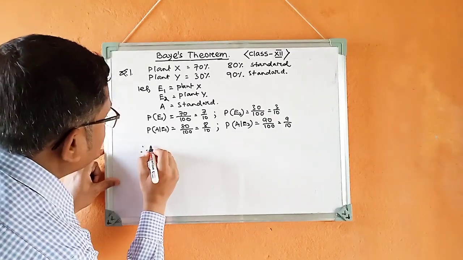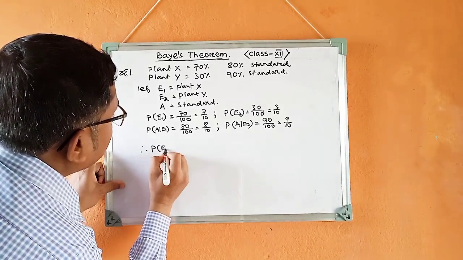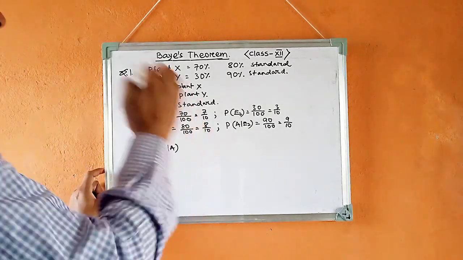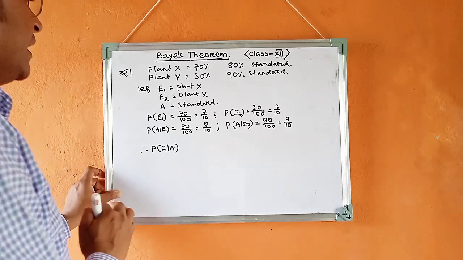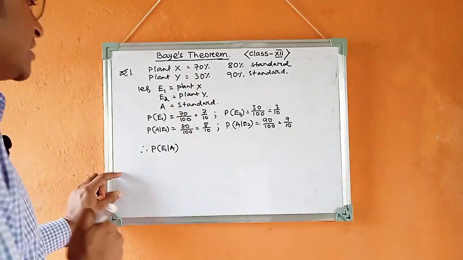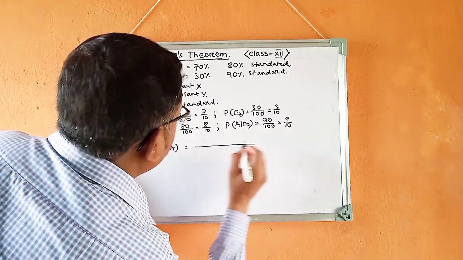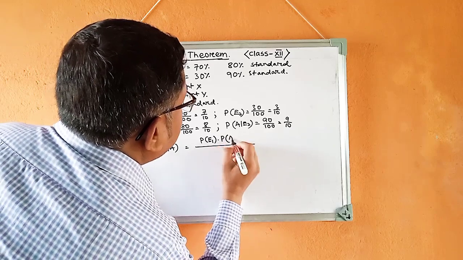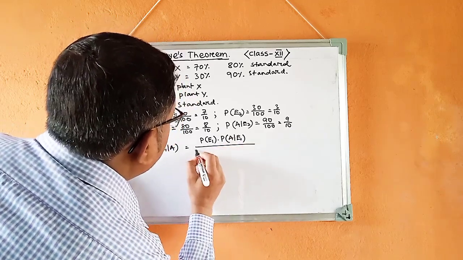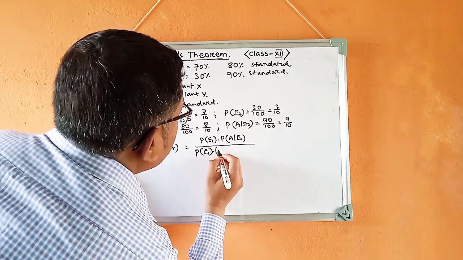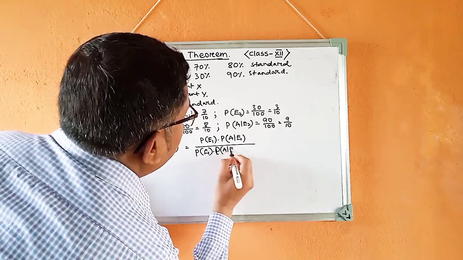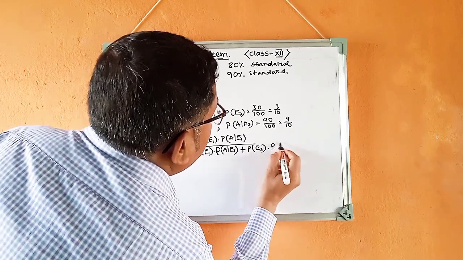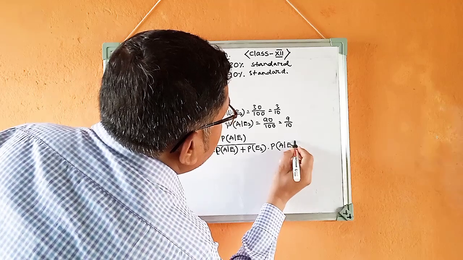Now, by using Bayes theorem we can write P(E1|A), that means we choose a standard quality car and it is from plant X, equals P(E1) into P(A|E1) divided by P(E1) into P(A|E1) plus P(E2) into P(A|E2).